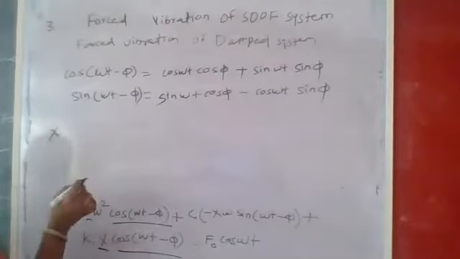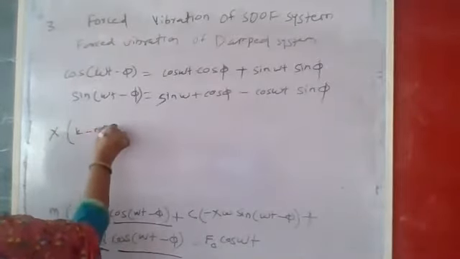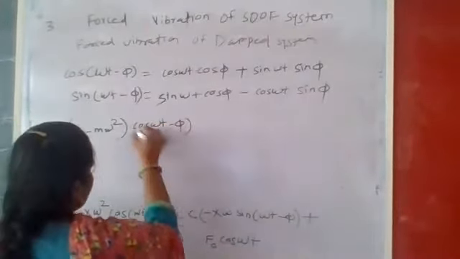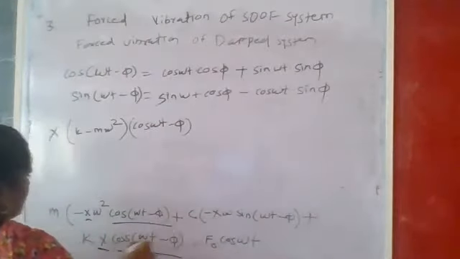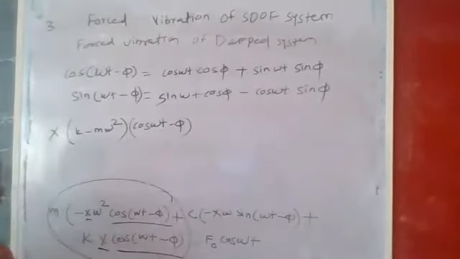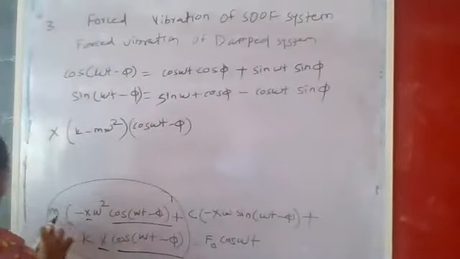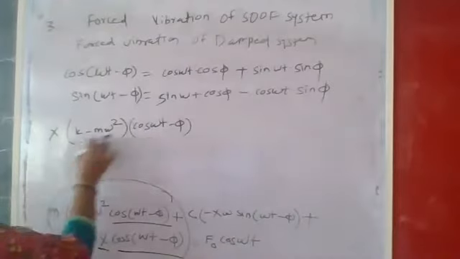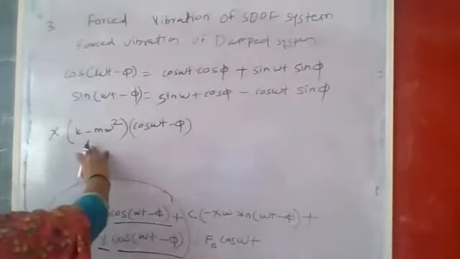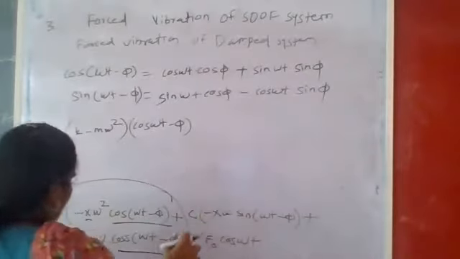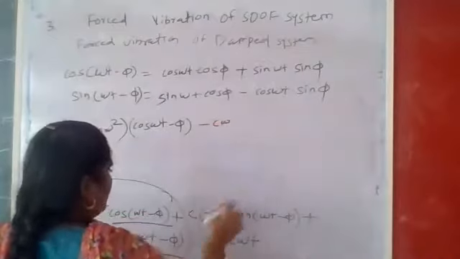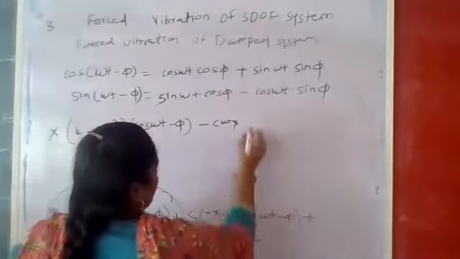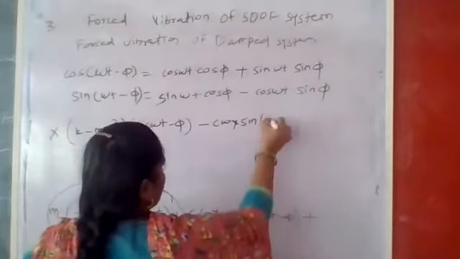So taking X outside, into the bracket k minus m omega square, complete, into cos of omega t minus phi, that is one term, plus from the other two terms the common term is X, and the remaining term is c omega into X into sin of omega t minus phi.